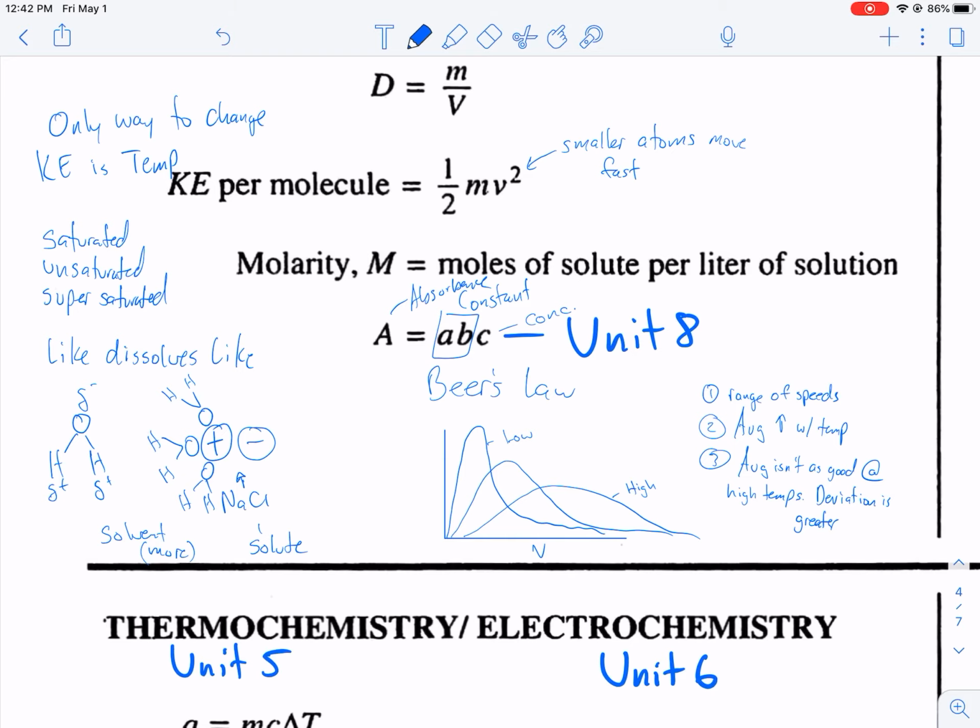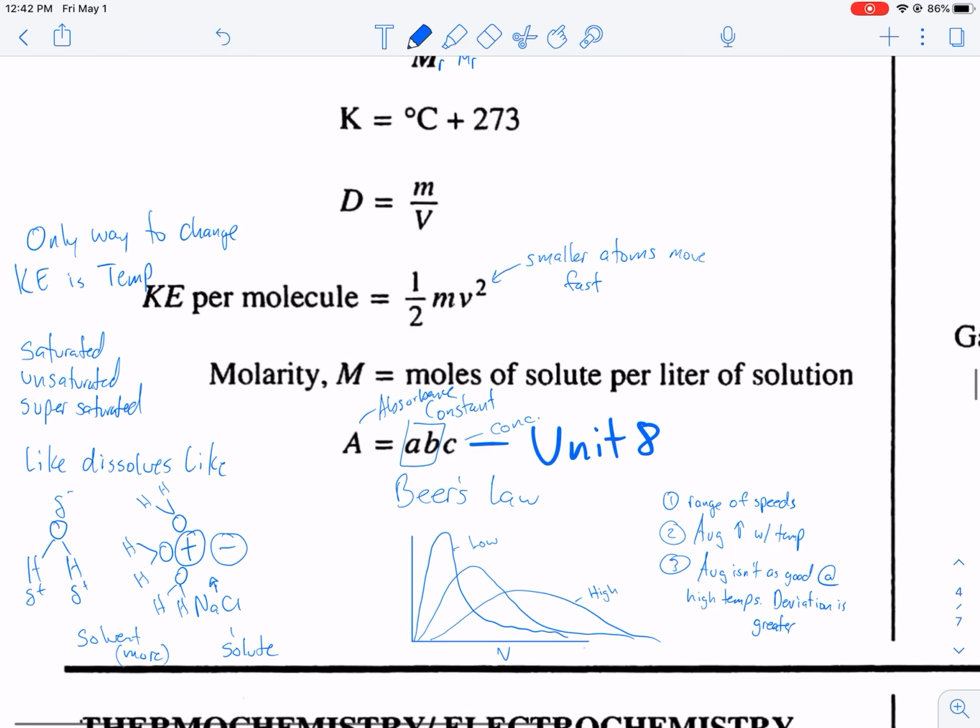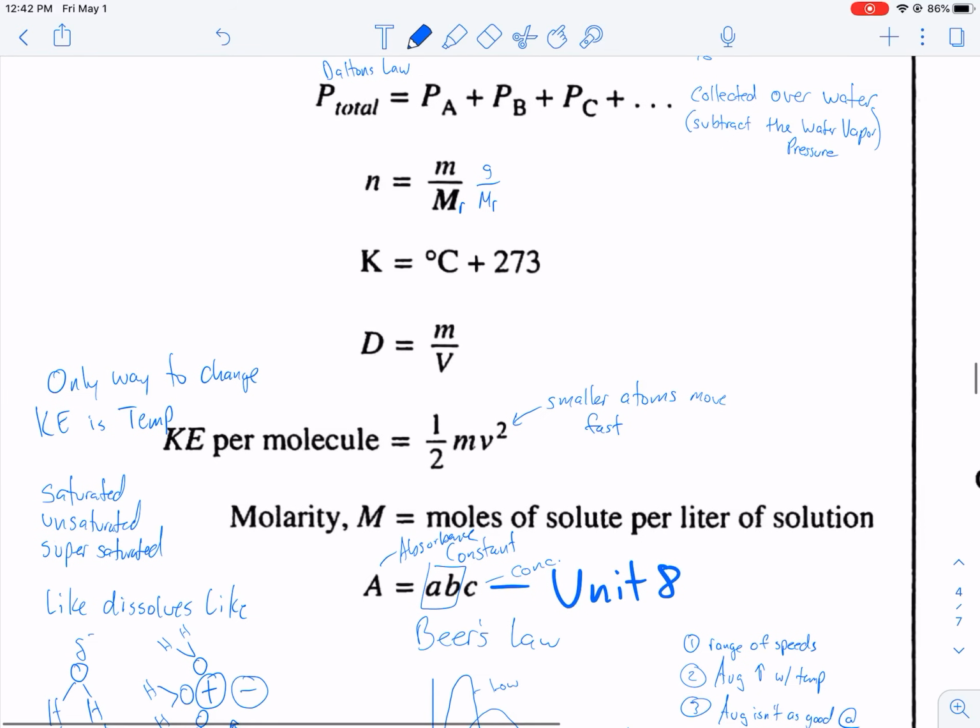So understand that as you increase temperature, I'm running out of room here, but maybe we'll put it right here. As you increase temperature, the solubility of solids generally increases. So like at 20 degrees, you might only be able to get 5 grams of something to dissolve.